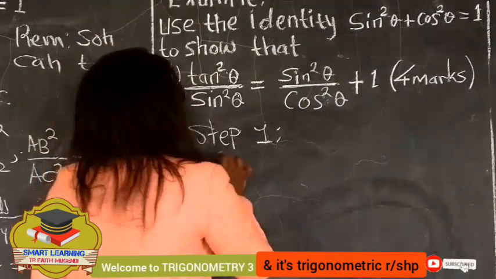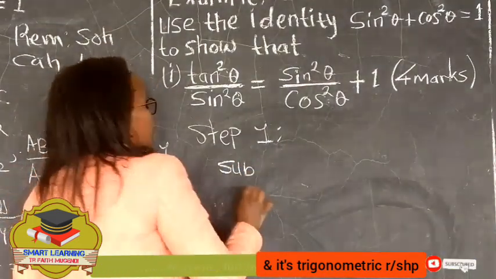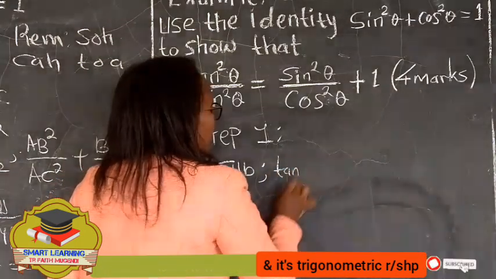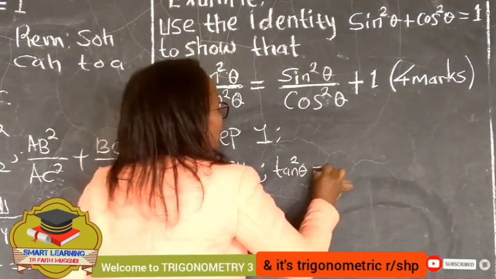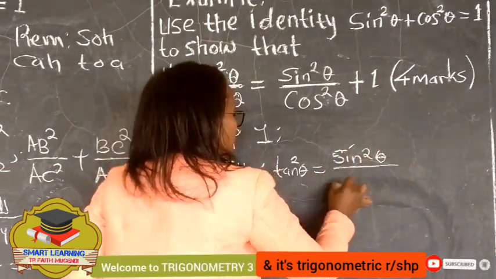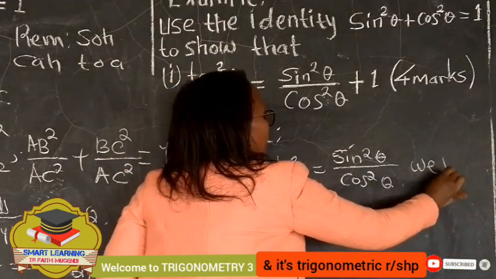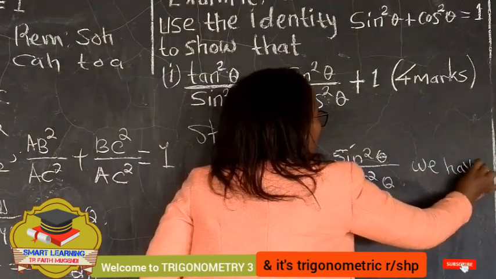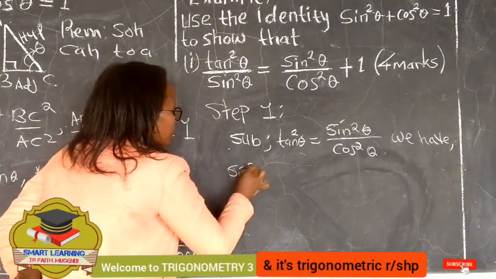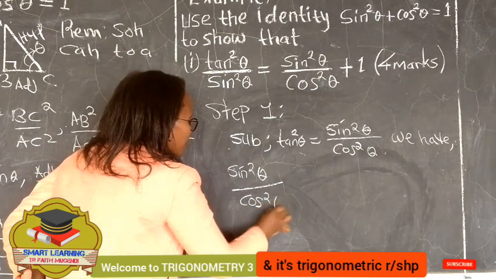So we have, substituting tan squared theta equals sine squared theta over cos squared theta, we will have sine squared theta over cos squared theta.